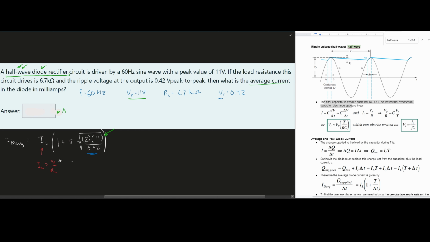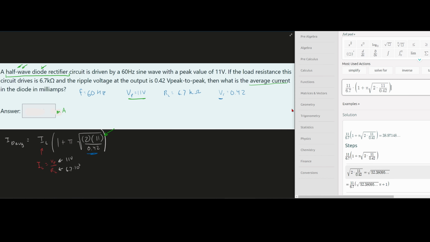So we know our VP is 11 volts and our RL is 6.7 kilo ohms, so times 10 to the cubed. Now I'm going to plug this into a calculator. Notice how I have everything plugged in except this 10 to the cubed.